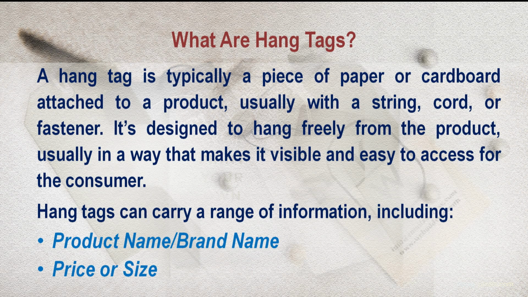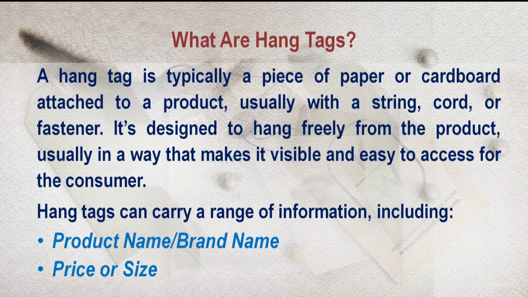It is designed to hang freely from the product, usually in a way that makes it visible and easy to access for the consumer. When we go to a store and take a product or garment from the stack or the rack, we can see that hanging tag.